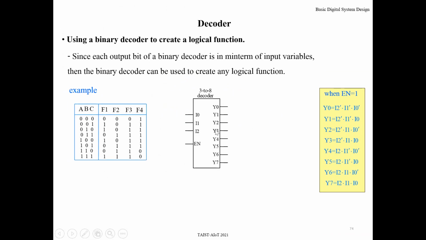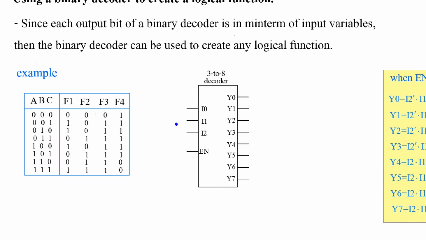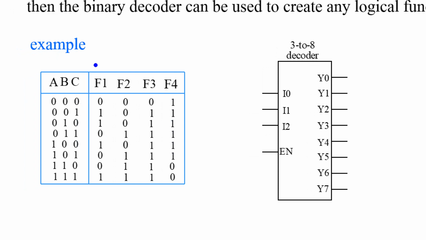So, for example, if you want to implement function f1, it will be 1 here, here, here, and here, right? If you apply a, b, c here and enable is 1, when the input is 0, 0, 1, that means y1 will be 1.